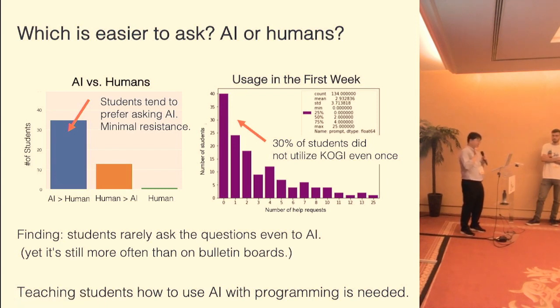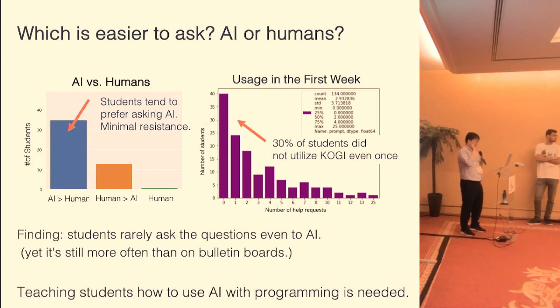On the contrary, we looked at the usage in the first week. This shows the number of requests to AI, the number of help requests, and the number of students. And 30% of students did not use KOGI even once in the first week.